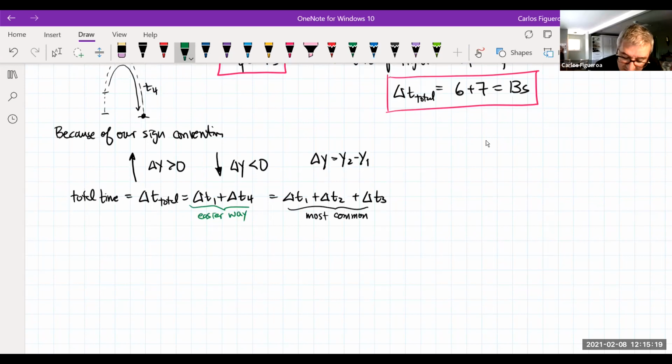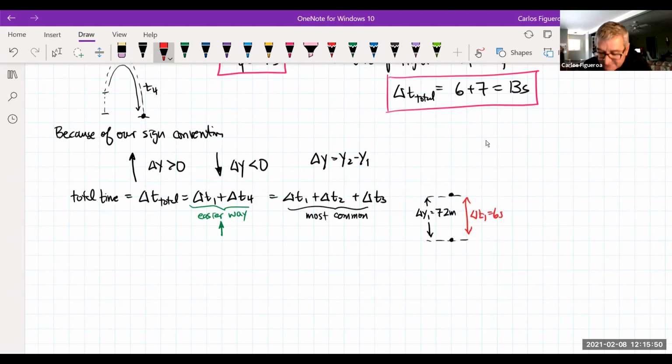And so this way right here was the one that I wanted to focus on, because I wanted to deal with the situation where I have a rocket. Here's my rocket. How much time does it take to get to this height right here? And this amount of time from here to here, we called T1, which we knew was 6 seconds.